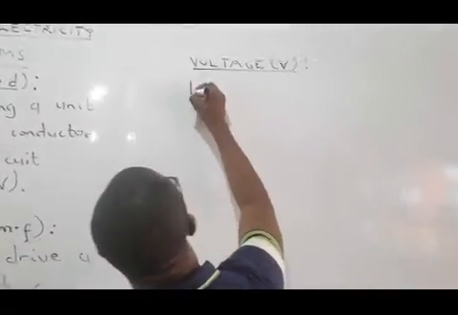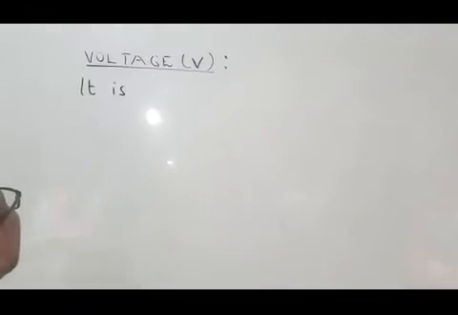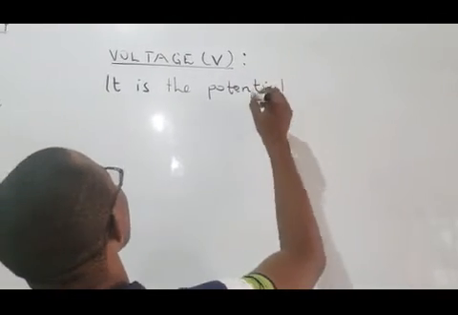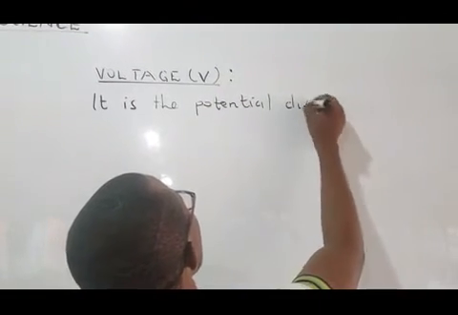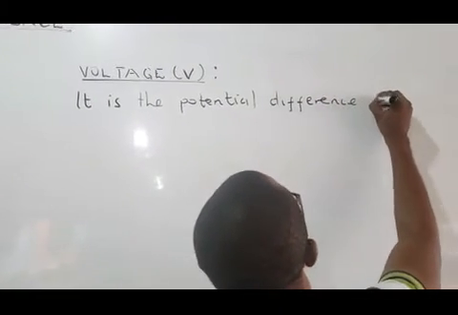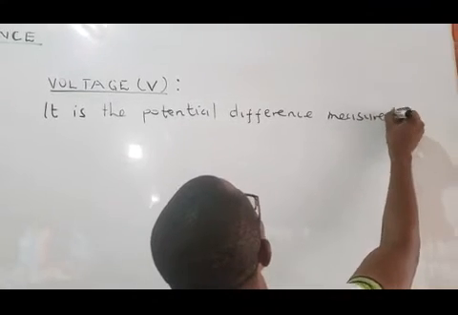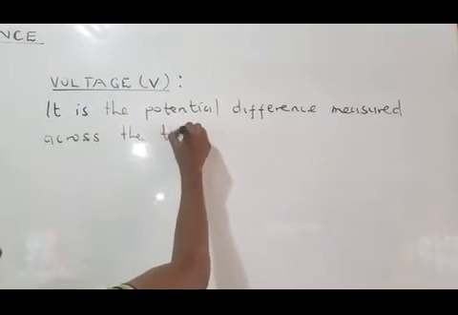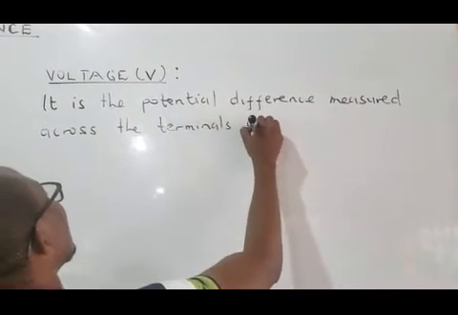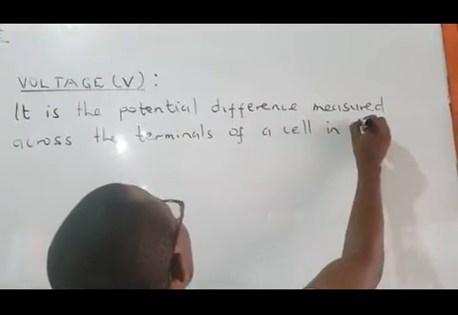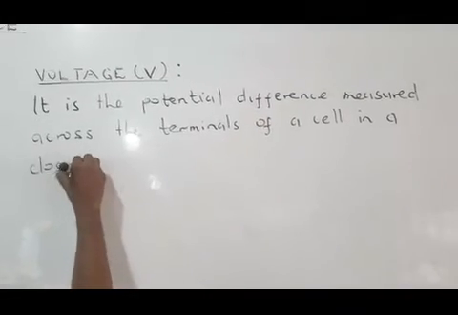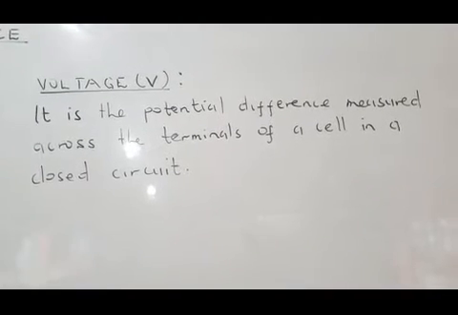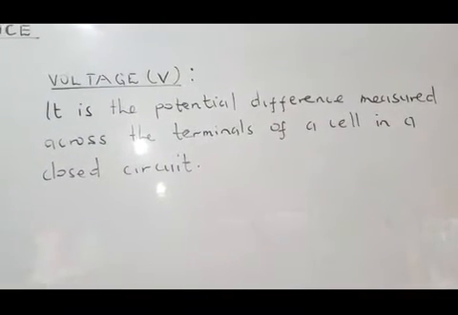So voltage is the potential difference measured across the terminals of a cell in a closed circuit.